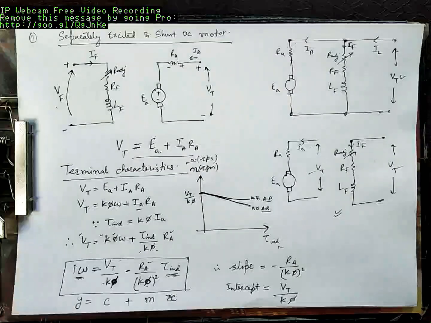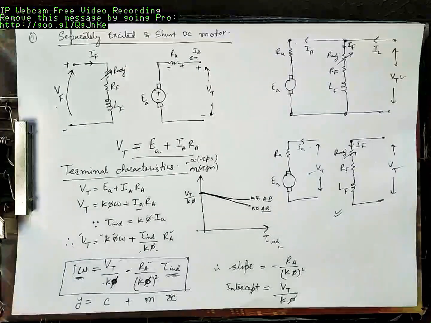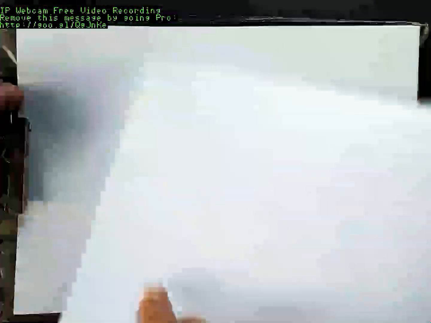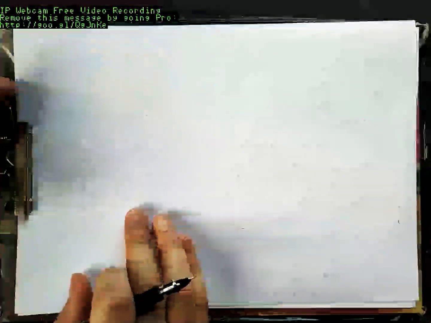Now, what are the methods of speed control of a DC motor?